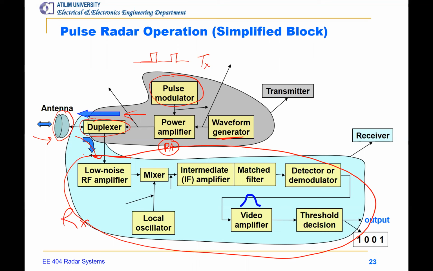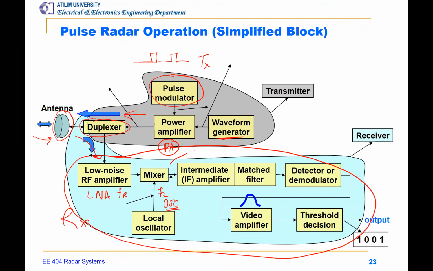What do we have at the receiver? We have an LNA, low noise amplifier, and a mixer with an oscillator. The frequency of the received signal is, let's say, FR, and the frequency of the local oscillator is FL.